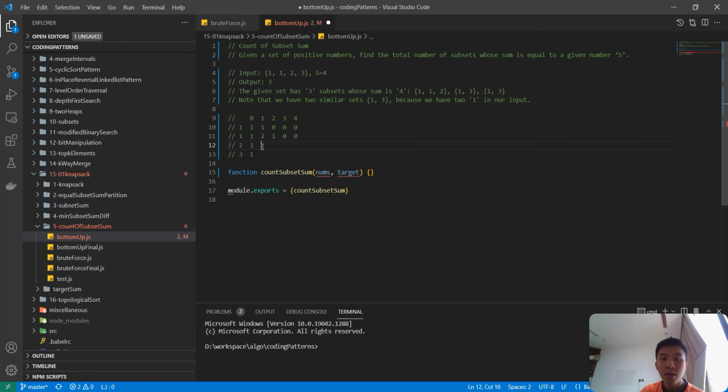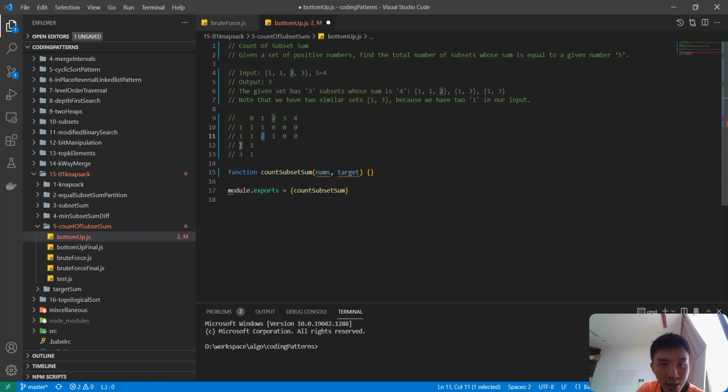So again, come back to this column. The target sum is 1. Two choices, either take 2 or skip 2. If I skip 2, the answer will be here, which is 2 subsets. We can find 2 subsets.